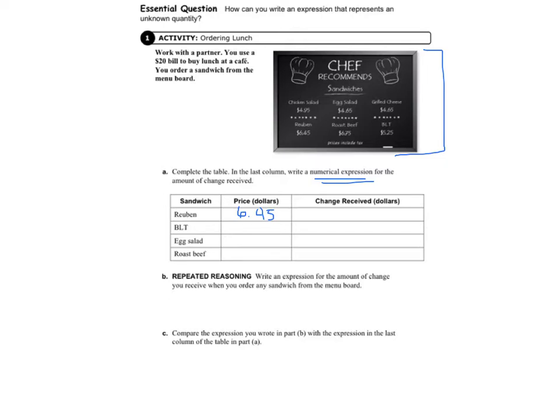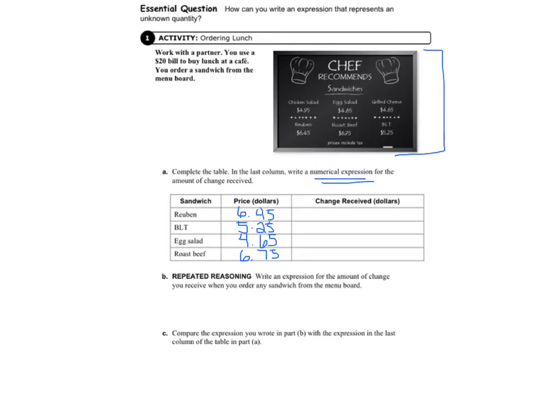And then a BLT is $5.25. An egg salad sandwich is $4.65. A roast beef sandwich is $6.75.